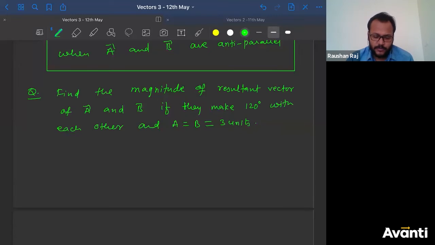Guys, come on, try to solve this. There are no options, I will solve it in one minute because this is the first question. I don't want to give you options. Just try to get the answer, then you can verify your answers.